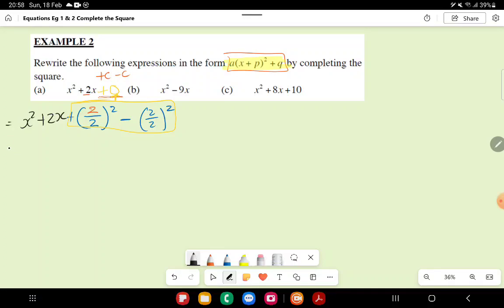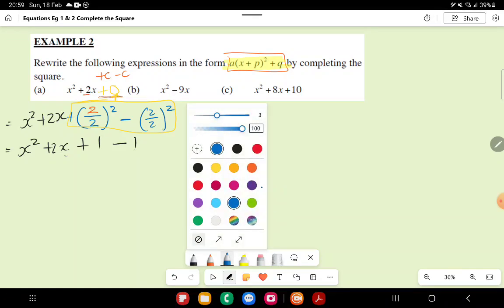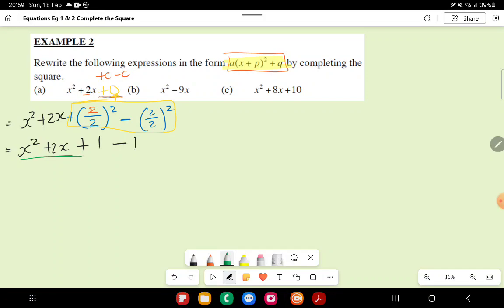Okay, so now let's continue our action. We are going to say this is equal to x squared plus 2x plus 1 squared is 1 minus 1. Now what we have here, and this is what I need you to see, is a trinomial that is a perfect square, which means that this can be rewritten as x.